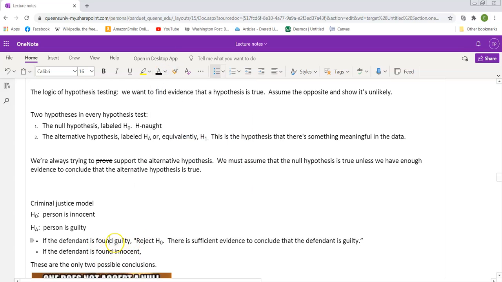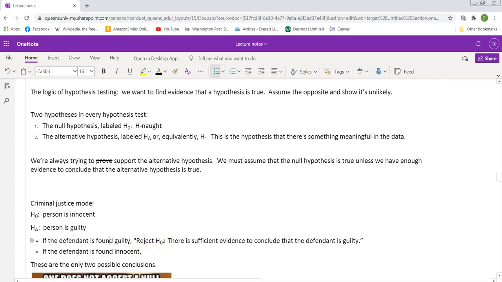if the person is found guilty. We would say, I reject H naught, which means there's enough evidence that I don't believe H naught. I have found enough evidence instead favoring HA. The way we would say that formally is: reject H naught.